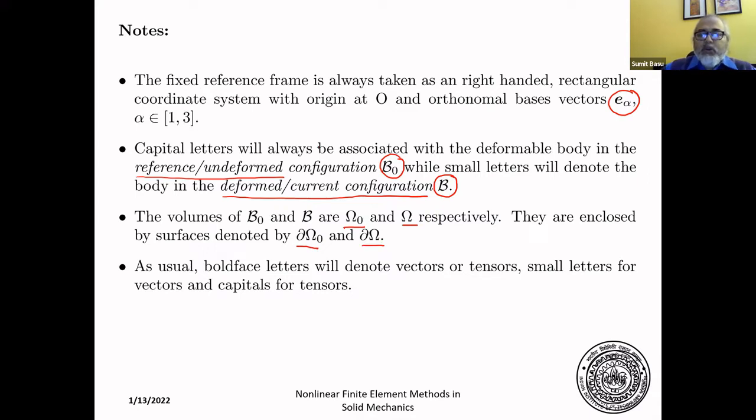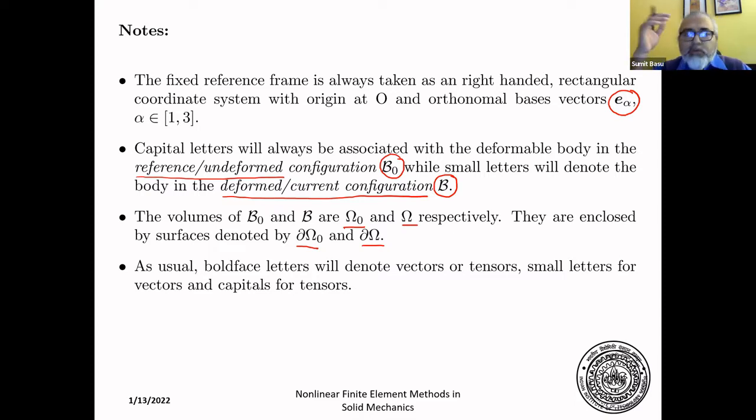We will denote all quantities associated with the reference configuration. Okay, that I'll explain a little later, but as of now, all tensors will be denoted by bold capitals, and vectors will be denoted by small Roman letters.